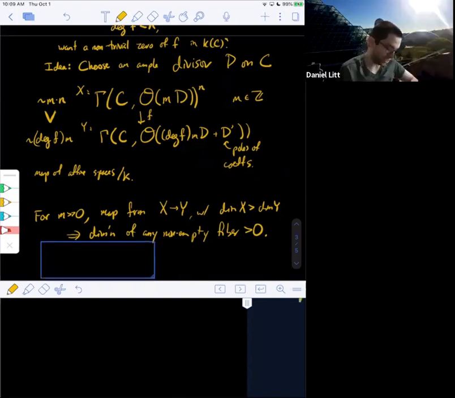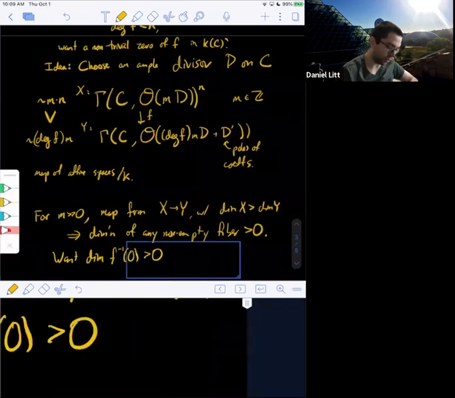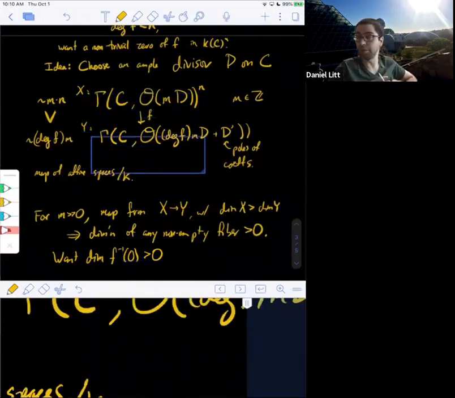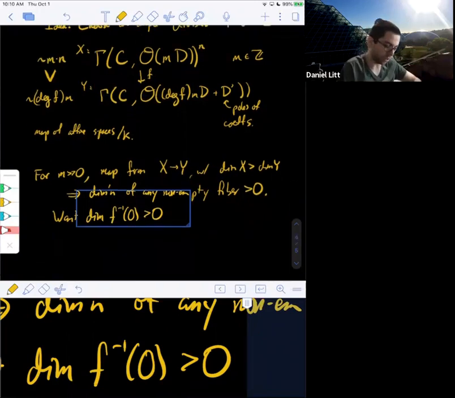Yeah, exactly. So it would suffice to show that the dimension of f inverse of 0 is positive. Because this is a variety over an algebraically closed field, a map of affine spaces over K, to produce a 0 of f it's enough to produce any point in the fiber which doesn't correspond to 0, 0, 0, 0, 0. So if the fiber is positive dimensional, such a point exists.